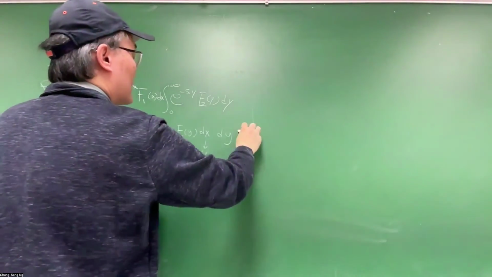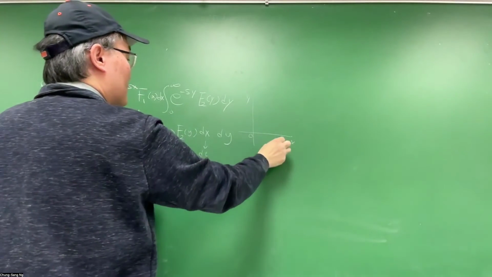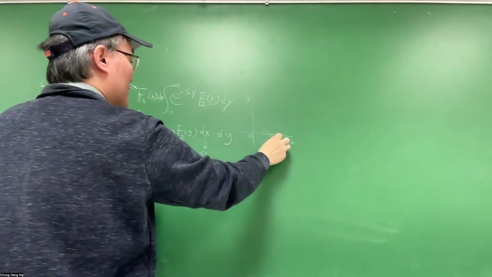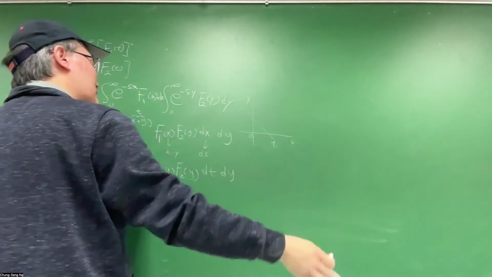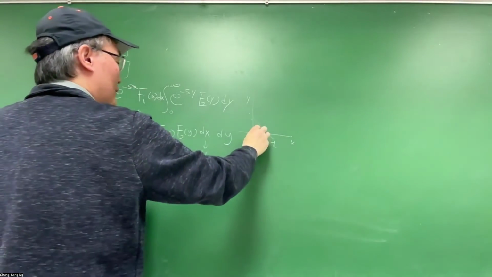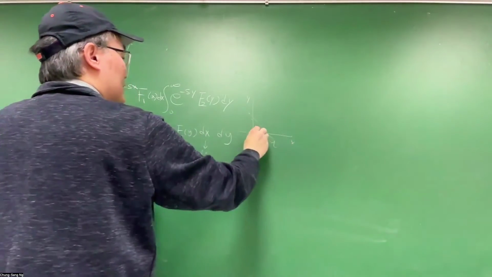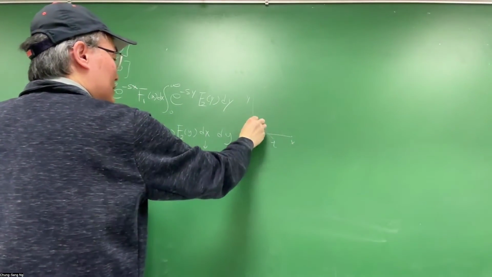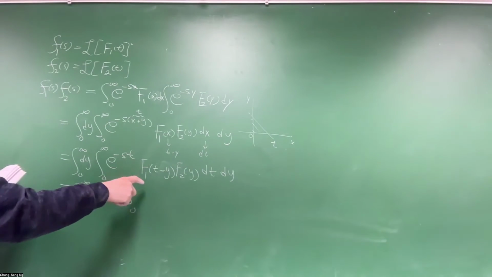You basically, if you have x and y, x plus y is constant along the diagonal line, right? So this is t, and the original integration area is this area, right? And now t is still from 0 to infinity. So this limit of t is okay.